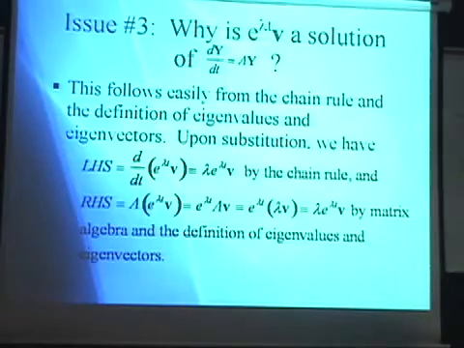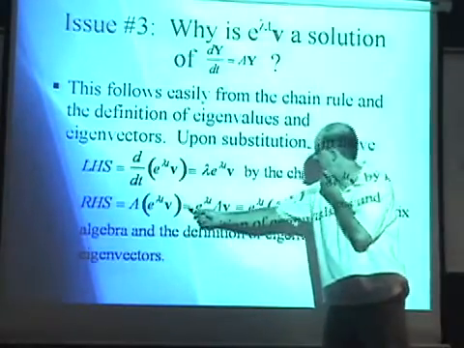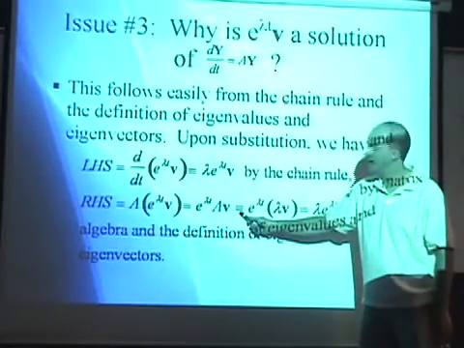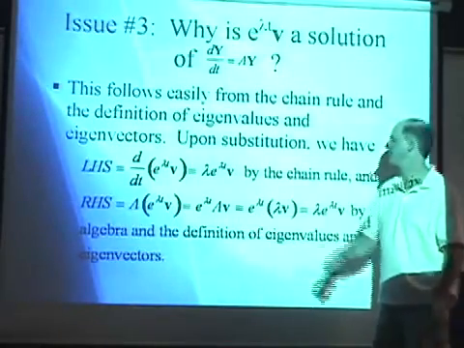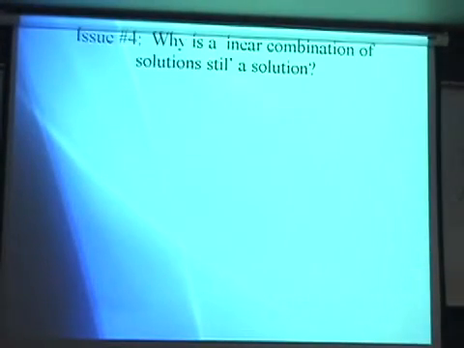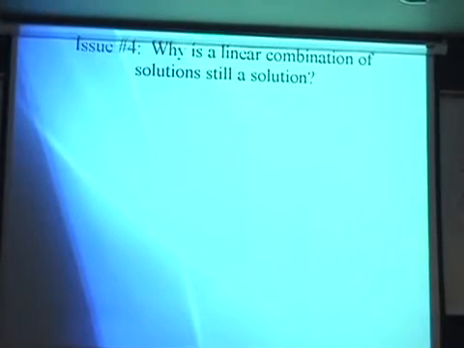So that's some algebra here, and the definition of eigenvalues and eigenvectors for that equality right there. The left and right hand sides match, and so we have verified why e to the lambda t times v is a solution. Two more issues. Issue number 4.